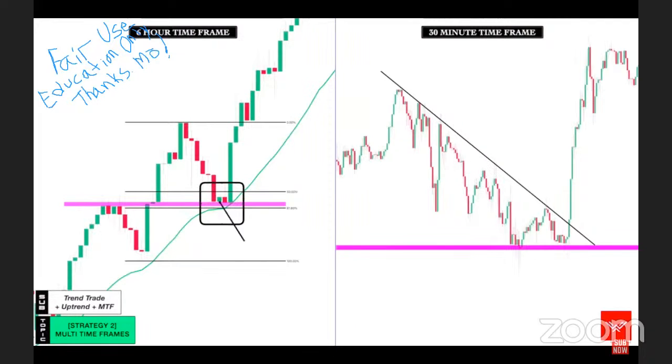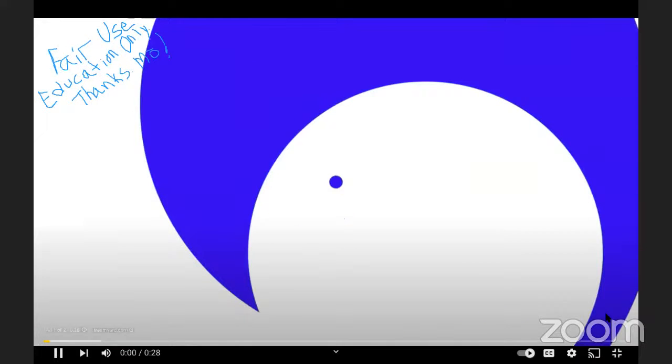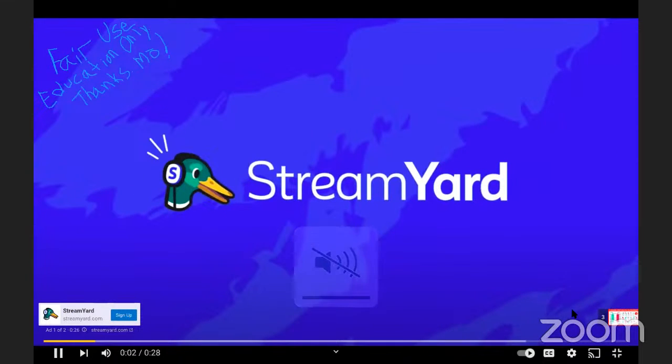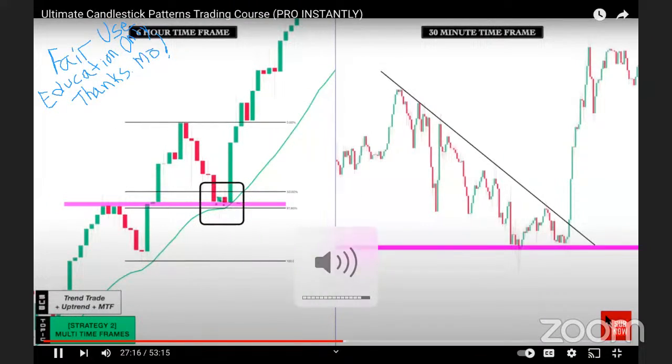So again, after you had these long wick candles react to the area of confluence, you were looking for any form of price action that signaled a trend change from a downtrend to an uptrend. And in this case, here's what you had.